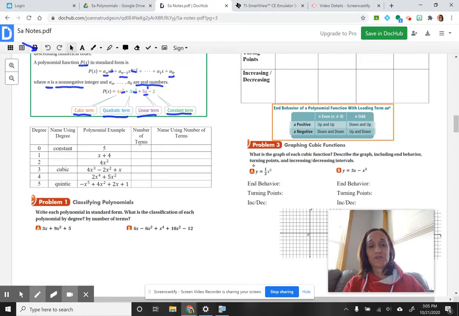The number of terms here is 1 because there's just one term. When you have one term, we call it a monomial. It's a fun word to say. Anytime you have, for instance, down here a couple rows, this 4x squared, that's just one term as well. That's a monomial too.